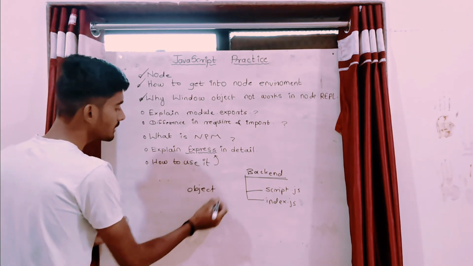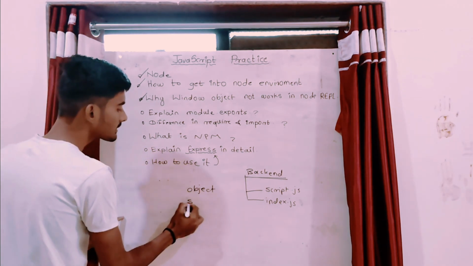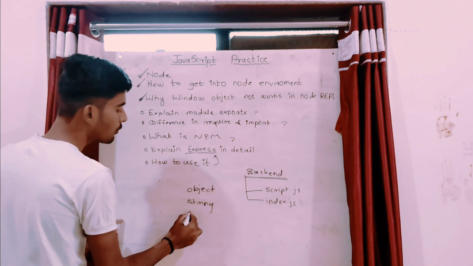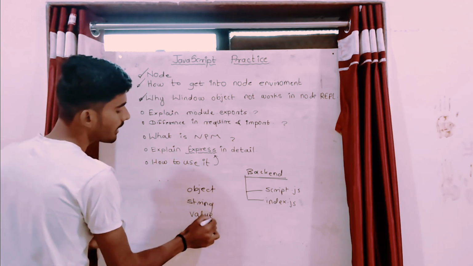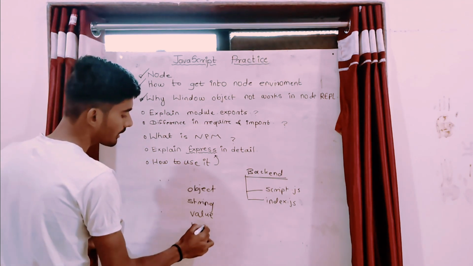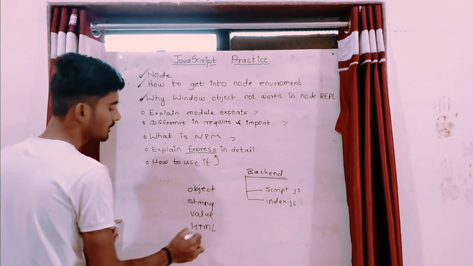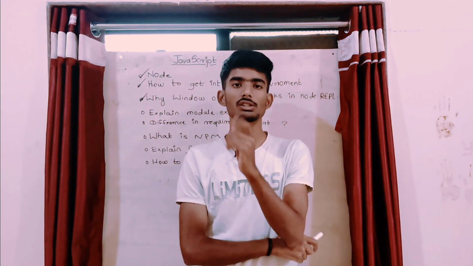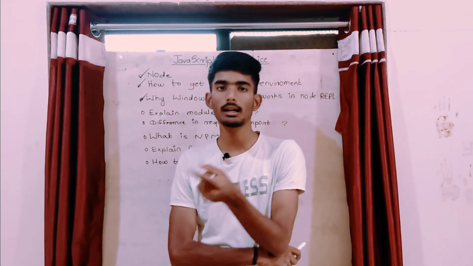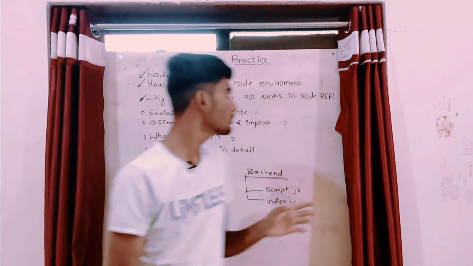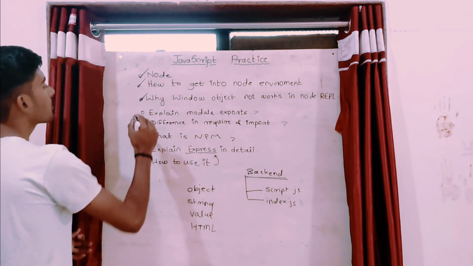You can share objects, you can share string data, you can also share value data, you can also share HTML. So these are some types which you can share from one JavaScript file to another JavaScript file using module.exports.